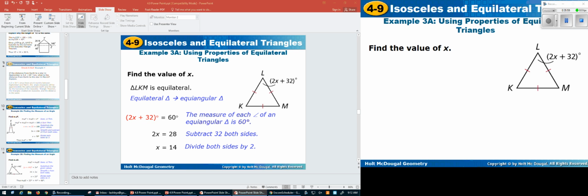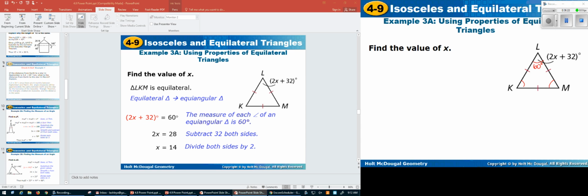So if you look at the next two problems, last two on the back here, it says find the value of x. So first of all, what kind of triangle do you have? Equilateral. And we just learned if it's equilateral, it is also equiangular. And then we said if it's equiangular, what does that make every single angle? 60 degrees. So that means this 2x plus 32 is equal to what value? 60 degrees.